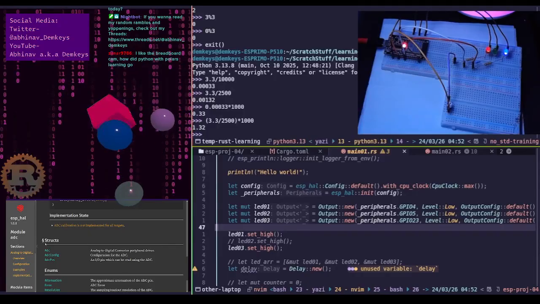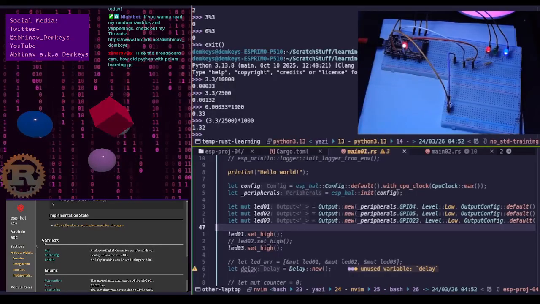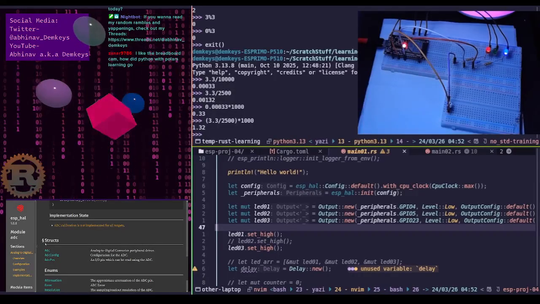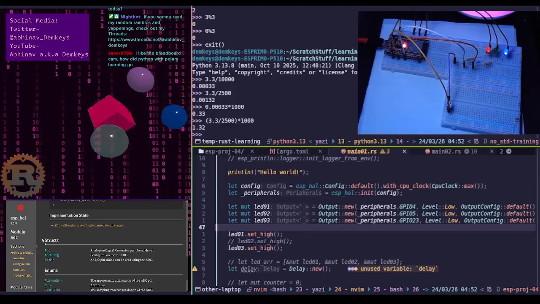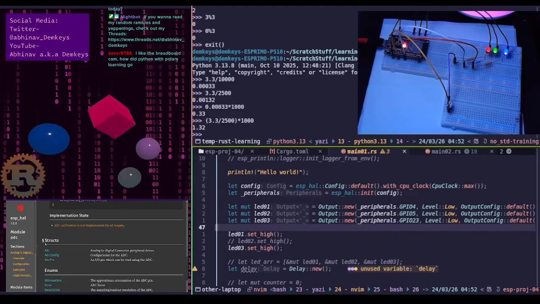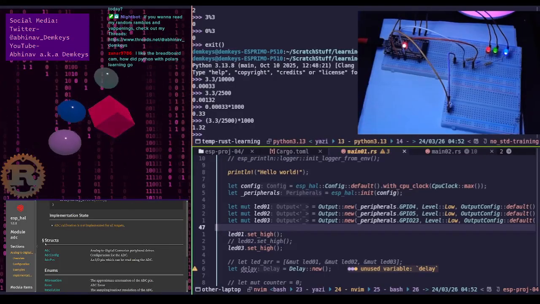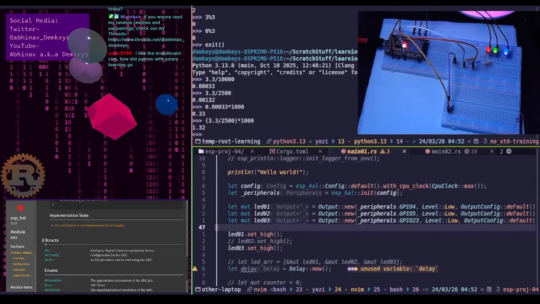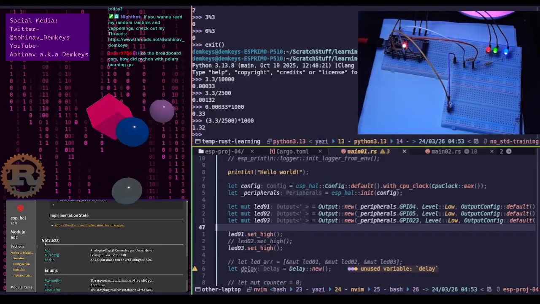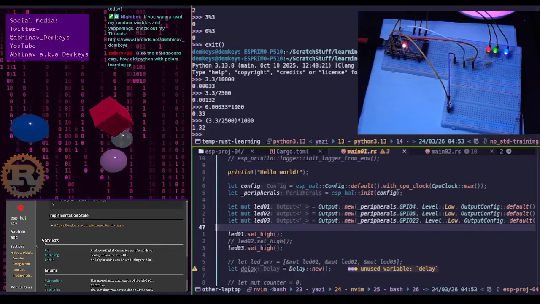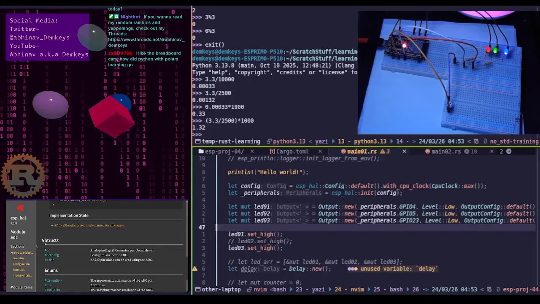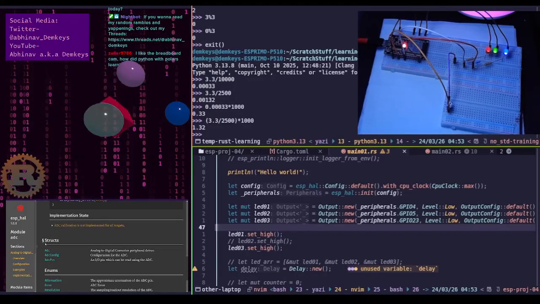We're going to get to that at some point soon. For now, though, in terms of digital electronics, I want to focus on being able to run no STD Rust on the ESP32 and actually doing things with it.